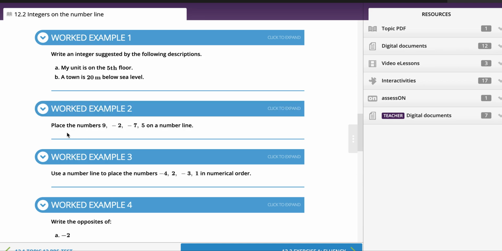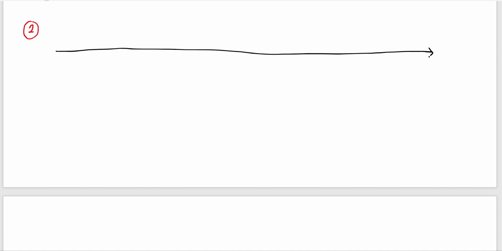Let's do another example. Okay, example 2 says, place the numbers 9, -2, 7, and 5 on a number line. This is not going to be perfect, girls, and that's okay, but let's draw a big number line.